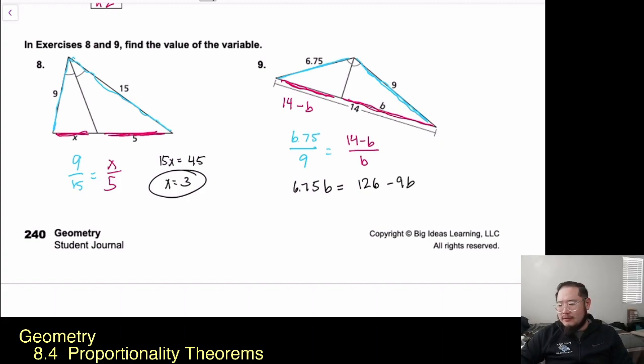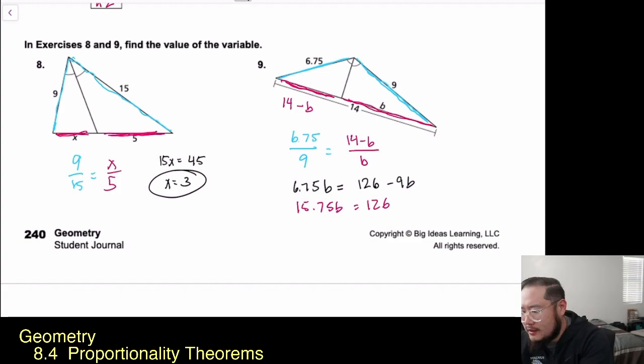So I'll add 9b to both sides right here. And so that'll get me, what is that, 15.75b is equal to 126. Now I'll take 126, divide that by 15.75, and I get, this time, b is equal to 8.